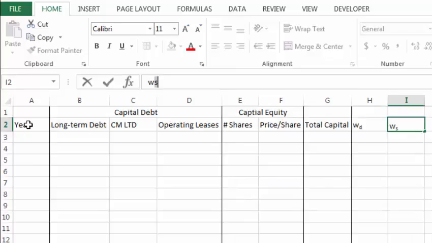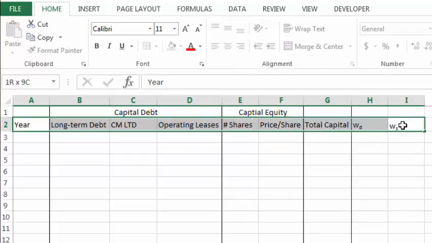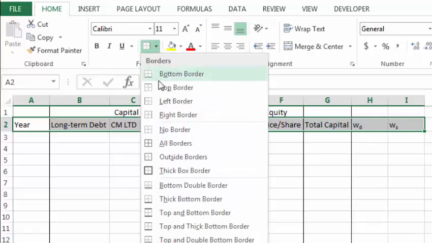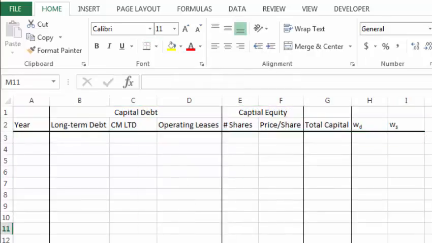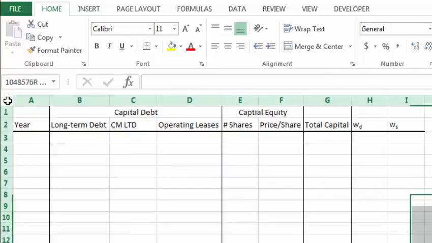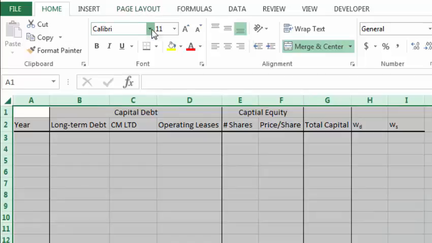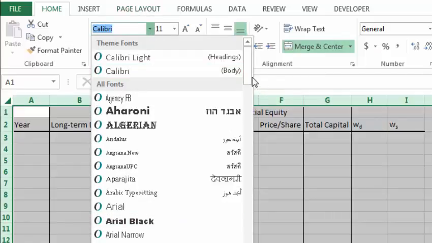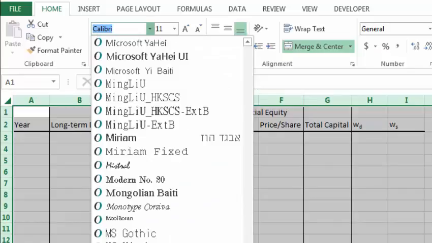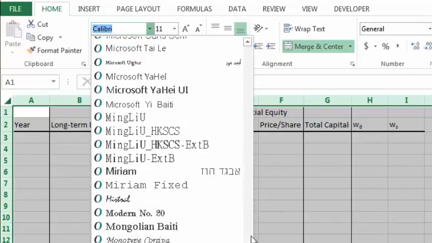One other real quick formatting issue, I'm just going to do a line, probably a thick line, just to set it off, saying that these are the headings and down below isn't. And I think I'm going to change the font just because I don't necessarily like Calibri either.